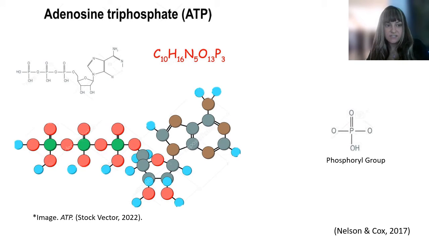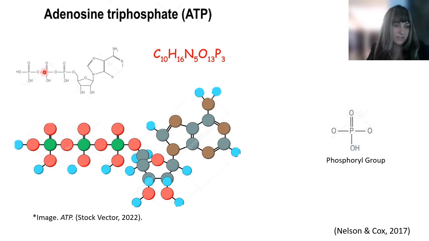So this is adenosine triphosphate, also known as ATP, and this is a molecule that carries potential energy. It consists of an adenine, which is this right here, a ribose sugar, which is this right here, and 3 phosphoryl groups. A phosphoryl group just means a molecule that has phosphorus and oxygen.